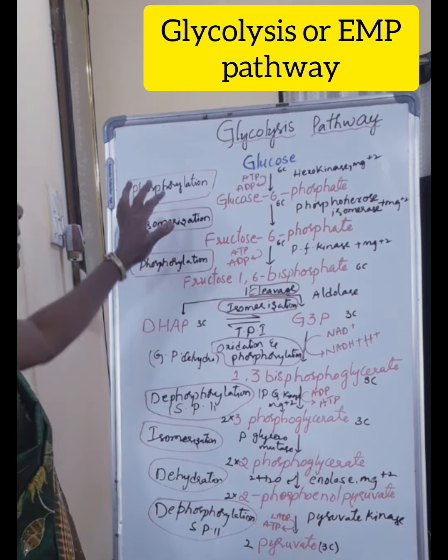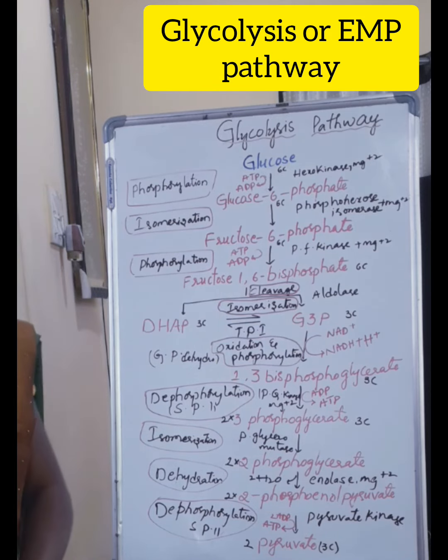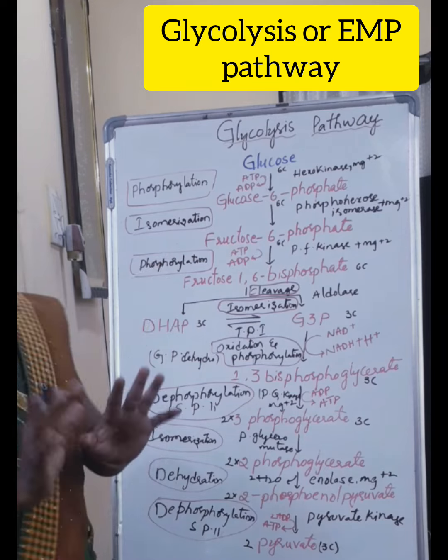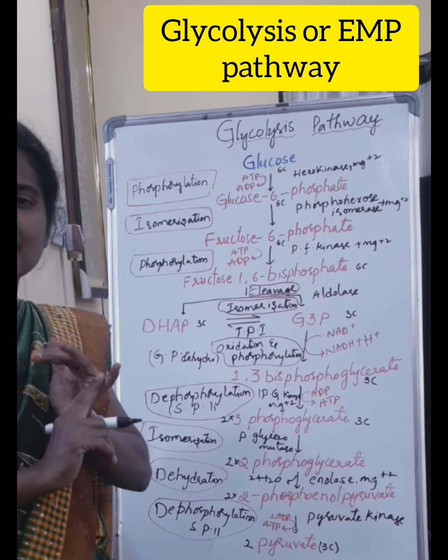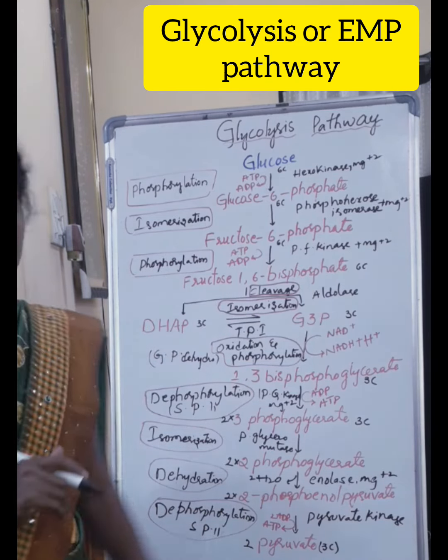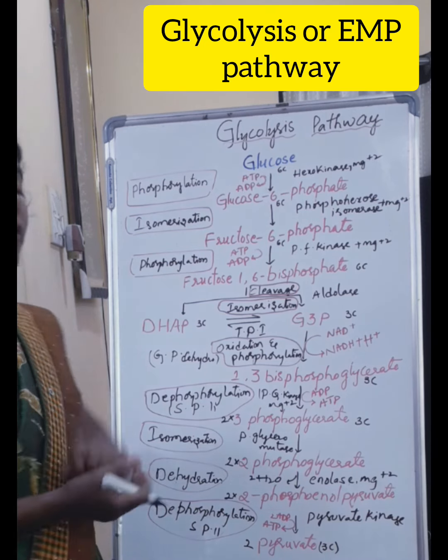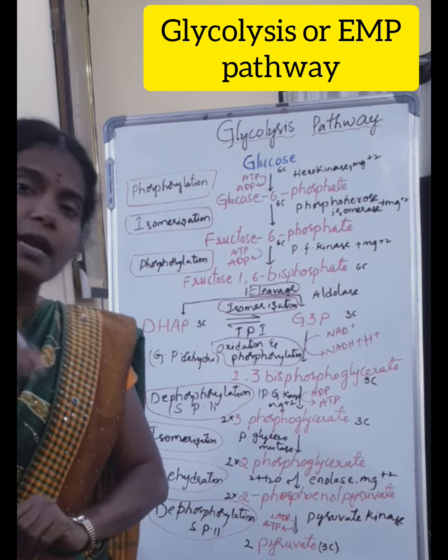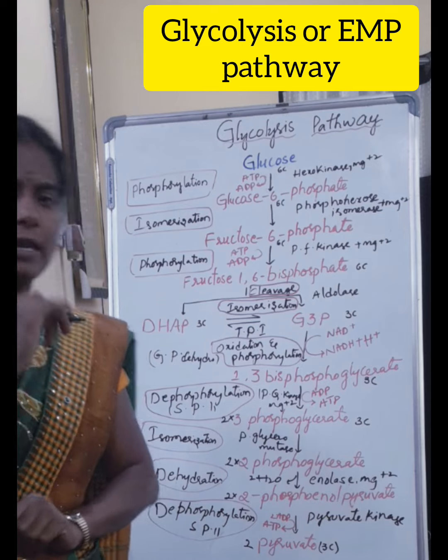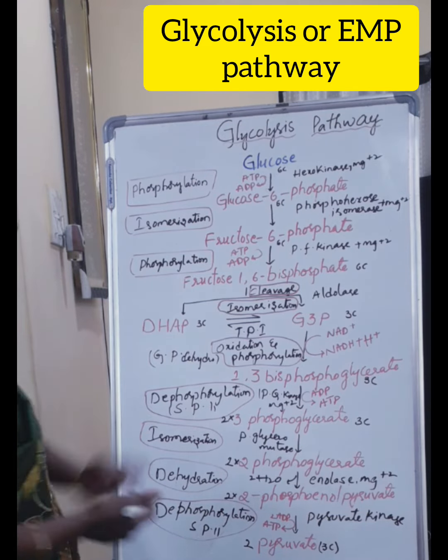It occurs in nearly 10 steps. What are the steps, what are the enzymes, and what are the products in each step, we are discussing. It is very important for long answer questions, and from the MSET and NEET point of view also. Okay students, let us enter.